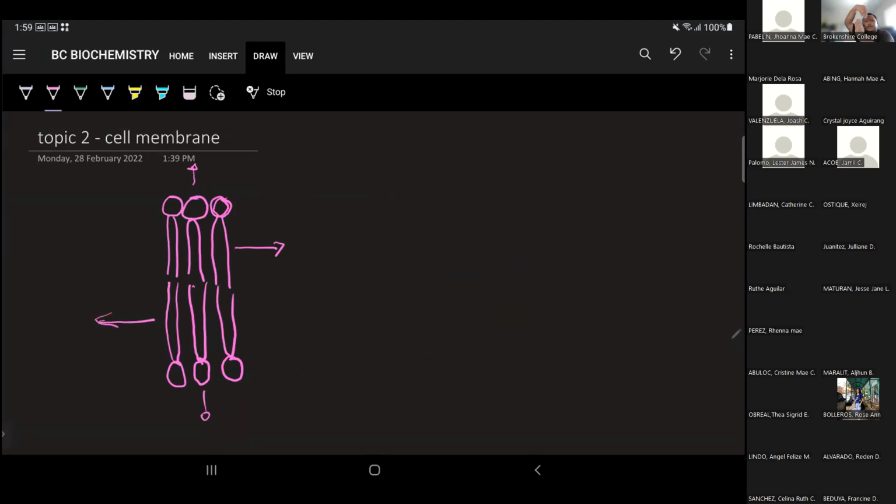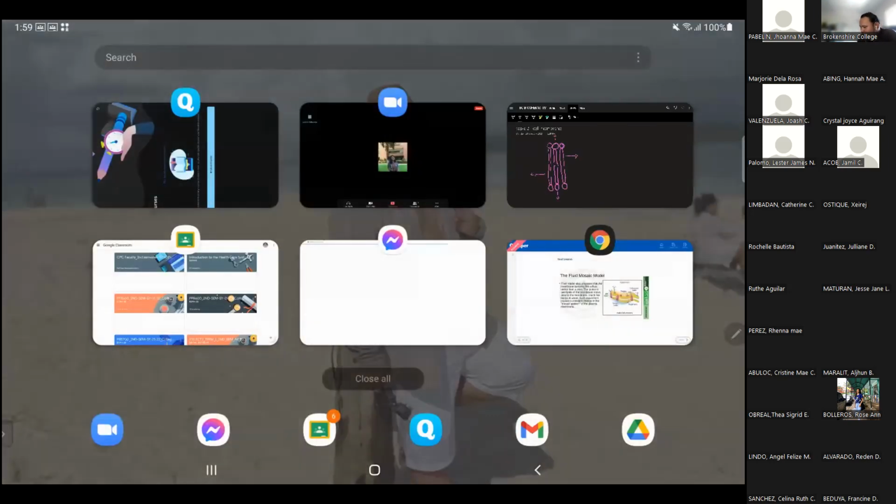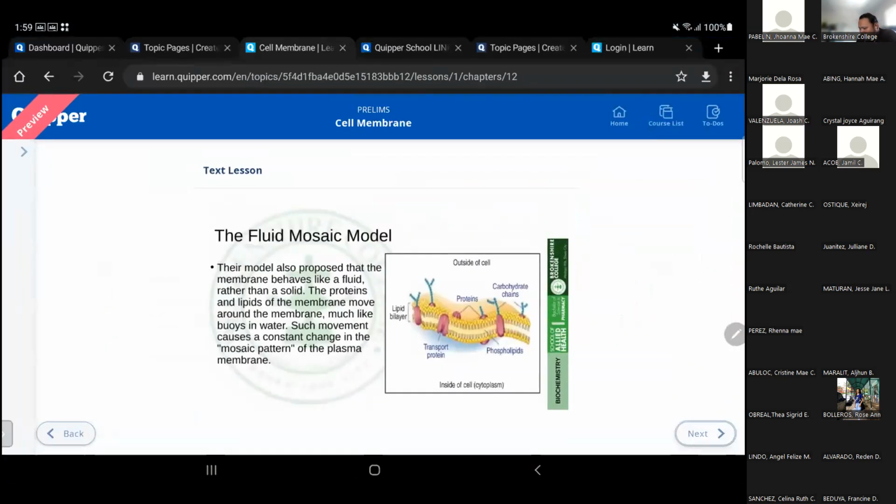Do you get me, people? So parang ganun yung movement ng cell natin. It will move just like a fluid, rather than a solid. So meaning nito, it is mobile. Hindi siya nagstay lang in one place, no?